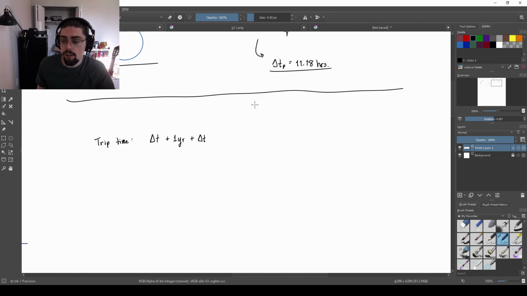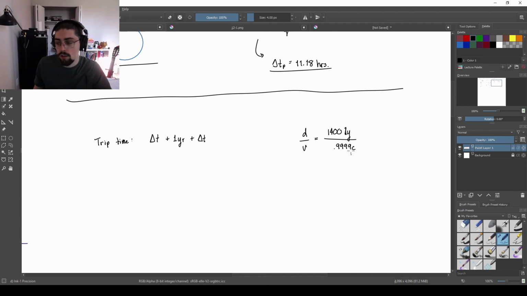So then what we can say is that from Earth's perspective, how do we actually find this delta t? This delta t would be the distance divided by the velocity that we can move. So if it's 1,400 light years, and again, that's an L, not a 1, 1,400 light years divided by however fast we can move, 0.9999 c.